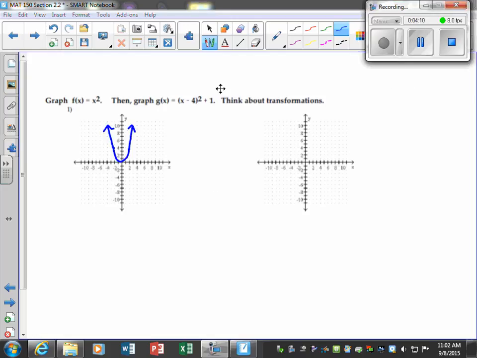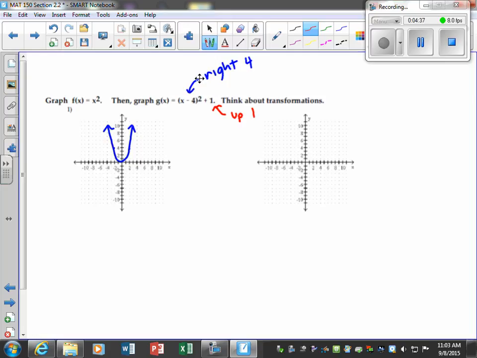So to graph this, we can either make a table of x, y values, so plug in some values for x, solve for y, and then plot them, or we can recall our transformation rules. So if it's inside parentheses and that's -4, what's that tell us to do? Shift to the right 4 units. And what about +1? Up 1.